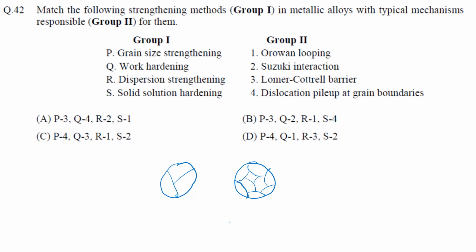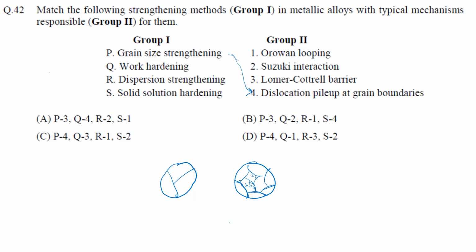The effective grain boundary area increases. When dislocations move due to application of force, they come together at the grain boundary, and the grain boundary does not allow the movement, so dislocation pileup happens. With that mechanism it helps to strengthen, so it will match with 4.